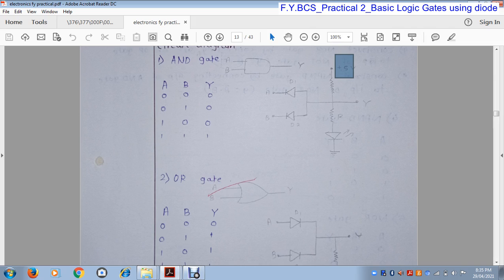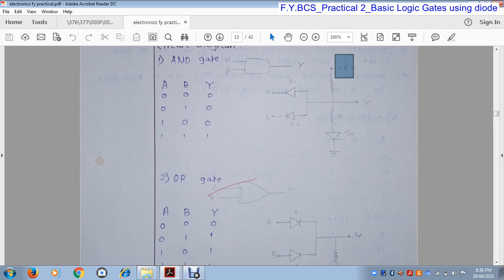The B terminal is the cathode terminal of D2, which is 0. So this 5 volt comes across the anode terminal and the cathode is 0. So the anode terminal is 5 volt, the cathode is 0 volt, and current flows from higher to lower potential.